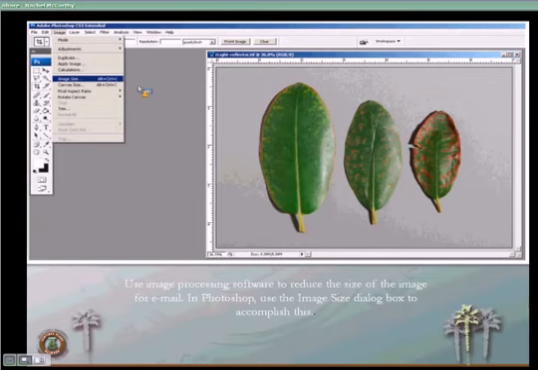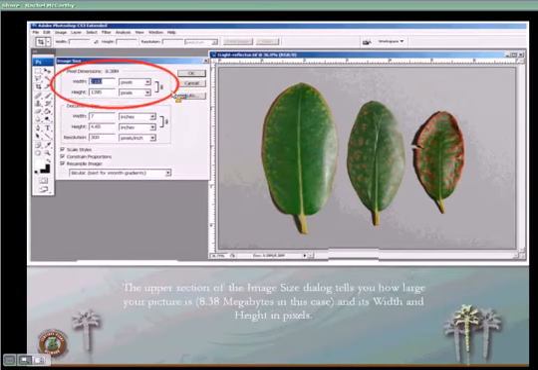So first you're going to want to open up your picture after you've done all the corrections and everything to it, and then go to the Image drop-down menu, and there's something called Image Size. Open up Image Size, and this dialog box will open. There's a lot of information on this box, so we'll just go over it step by step.